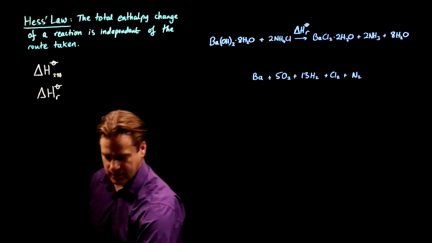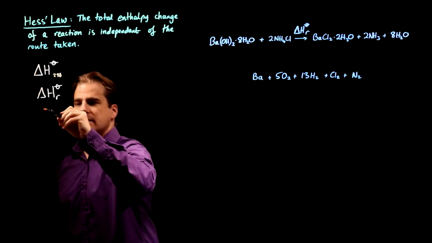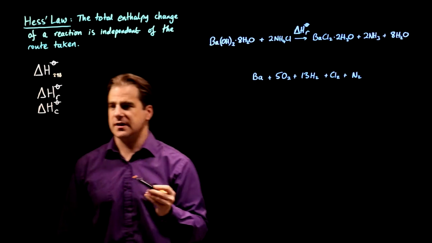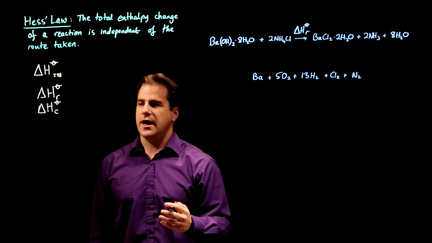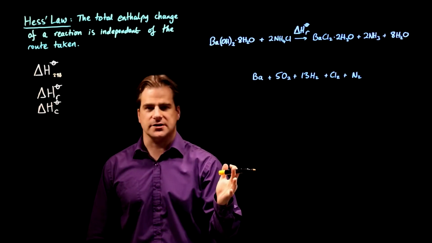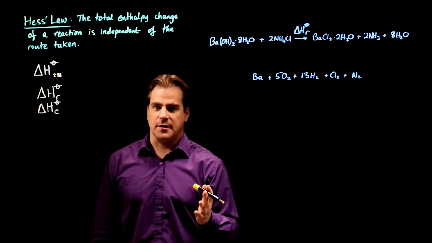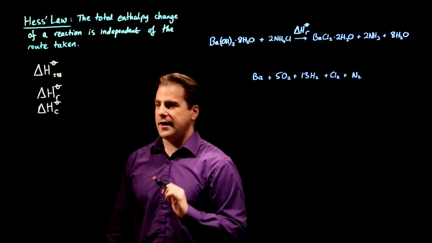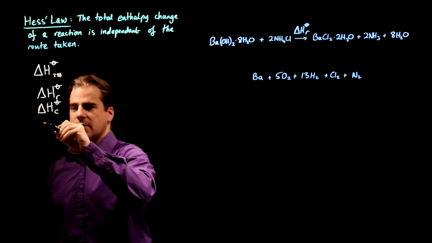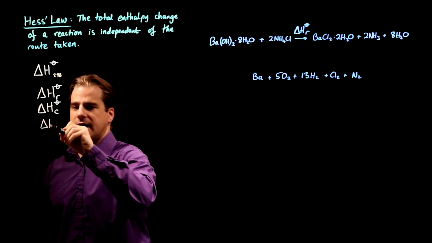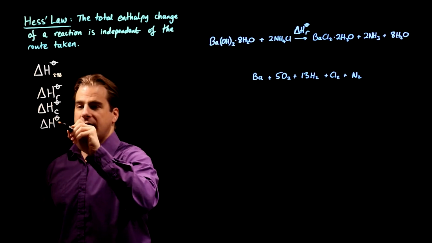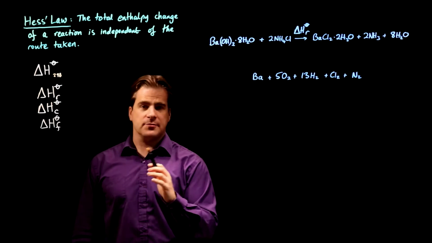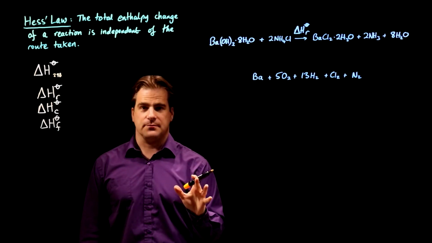Now, there's also delta H C, which is the delta H of combustion. And yes, combustion is a type of reaction, but you sometimes might have to deal with that. Now, the interesting one is delta H F, which is the enthalpy change of formation.